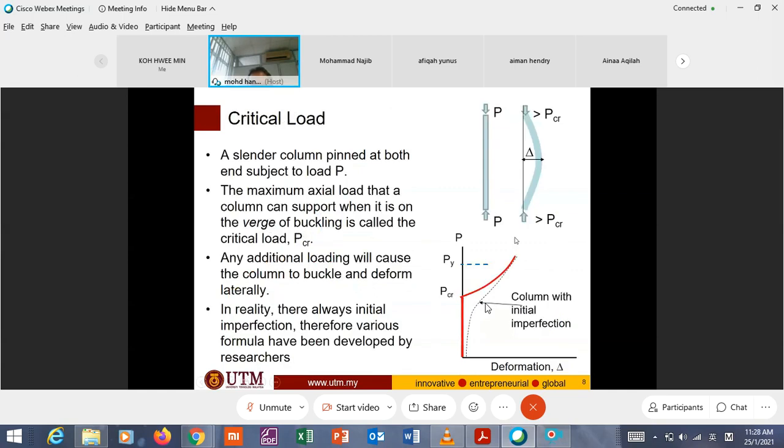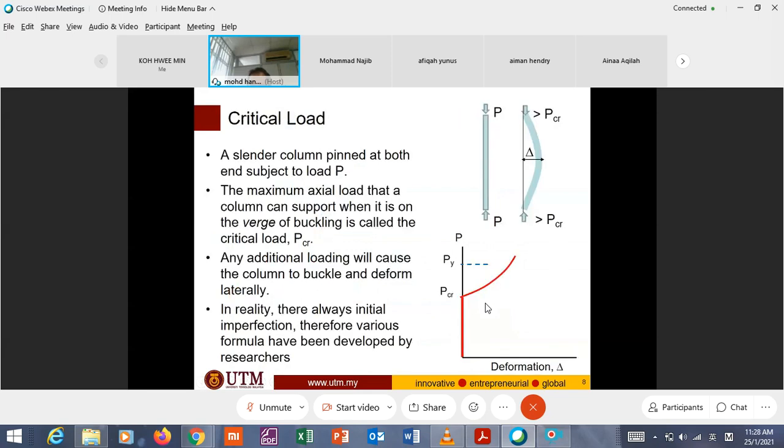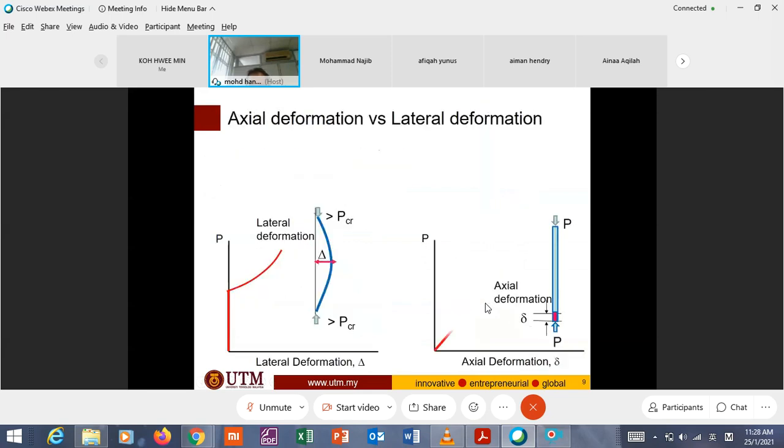Now, as I mentioned just now, this one is lateral deformation, and you have another one, axial deformation. What happens in axial deformation? For lateral deformation, we know there is no deformation until it reaches the critical load. But for axial deformation, it is linear.